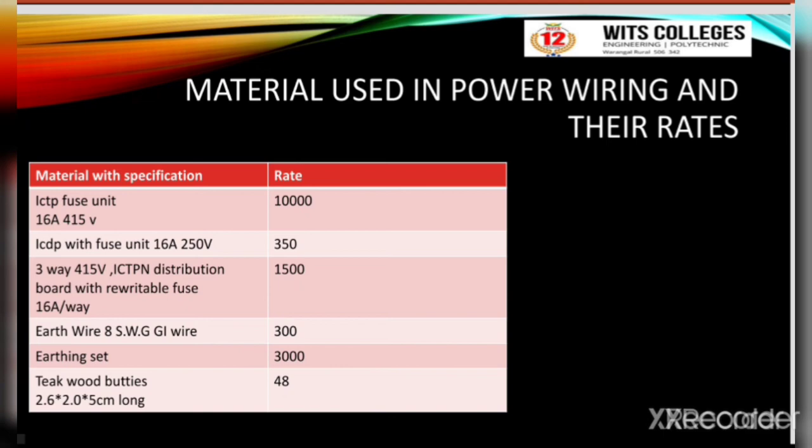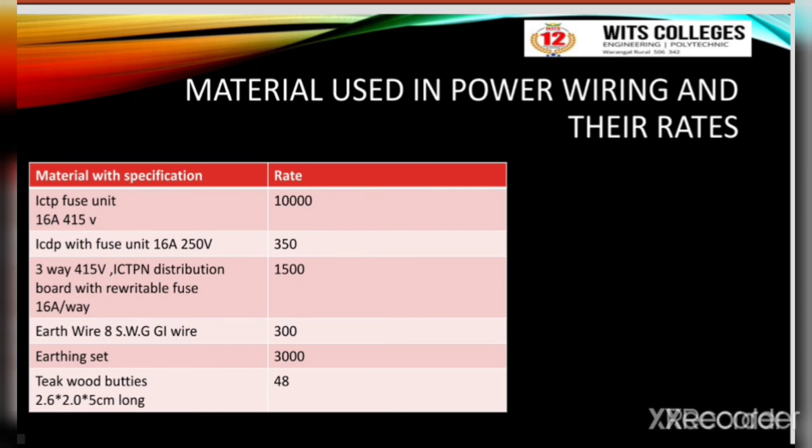And coming to the earth wire, if you are taking an 8 SWG GI wire, its cost will be 300 rupees per kg. A caution plate can be 100 rupees each, a shock treatment chart will be 75 rupees each, and an earthing set will be 3000 rupees each.